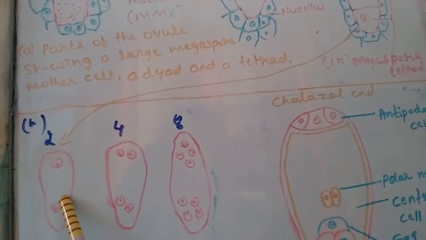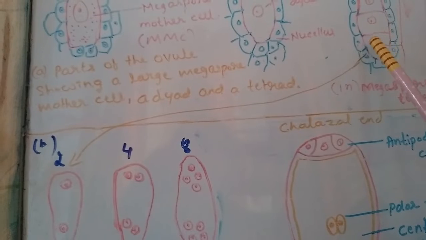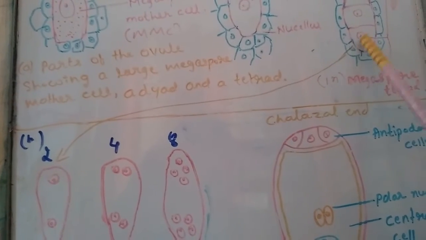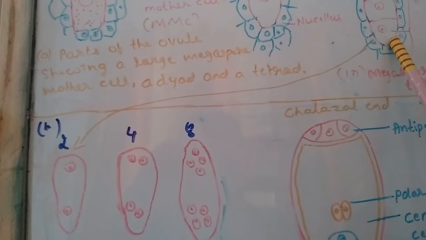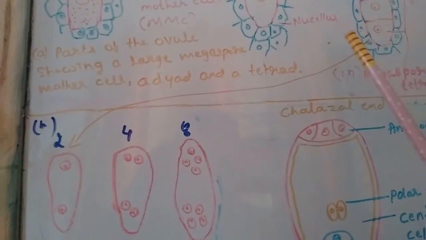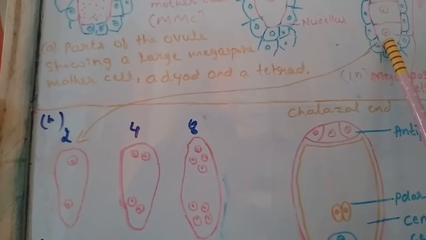Remember this: in the megaspore, only the nucleus undergoes mitotic division. Division of the nucleus takes place here, and there is no formation of cell wall.